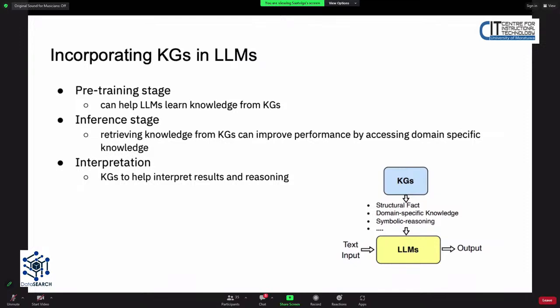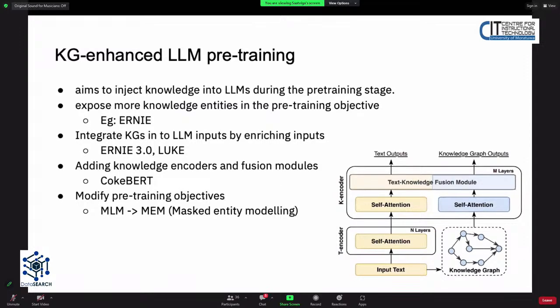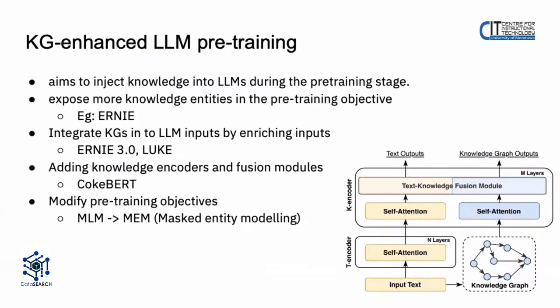They have not scaled up to the LLMs yet, but they have been applied to models like BERT and Roberta. So I'm just going to show some models and how they actually get information from a knowledge graph and use it for LLM pre-training. One way is you can expose more knowledge entities in the pre-training objective.